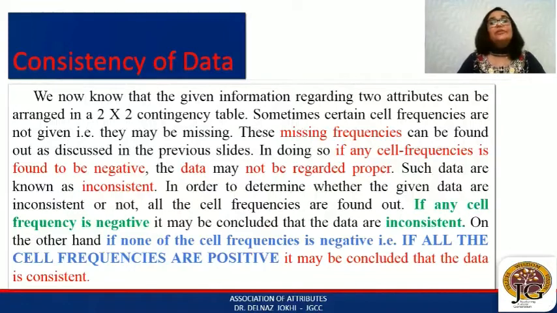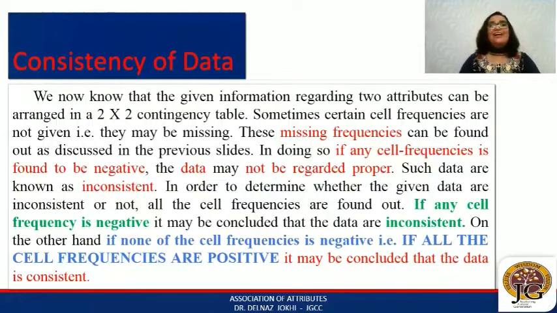It is explain association of attributes and explain consistency of data with its rules. This is your important question. I again repeat. Explain association of data, या give the meaning of association of data and explain what is consistency of data along with its rules.